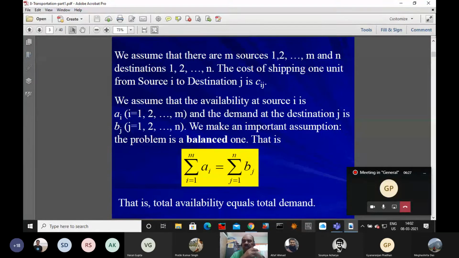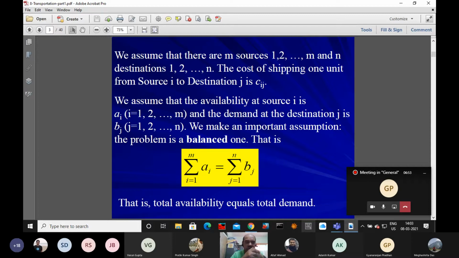This Cij is always either positive or sometimes zero when there is no cost, but certainly not negative.